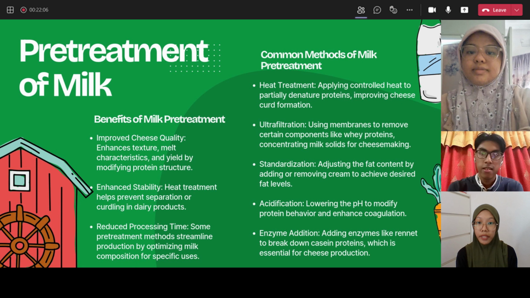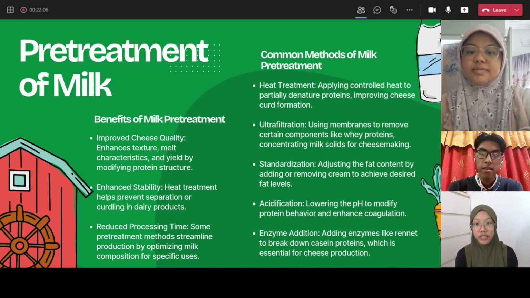So moving on to the benefits of milk pre-treatment and also the common methods of milk pre-treatment. So the first one is the benefits of milk pre-treatment. We have 3 benefits here. The first one is improved cheese quality. Why cheese quality? Because cheese itself is made from milk, so pre-treatment can enhance the texture, milk characteristics, and yield by modifying protein structure.